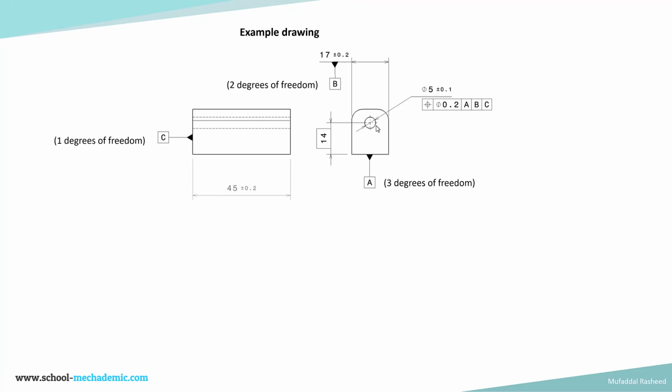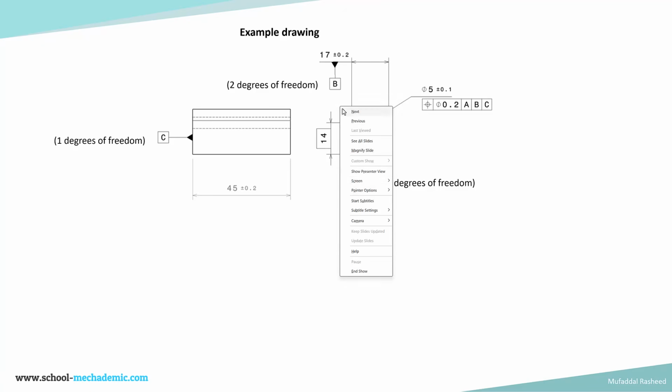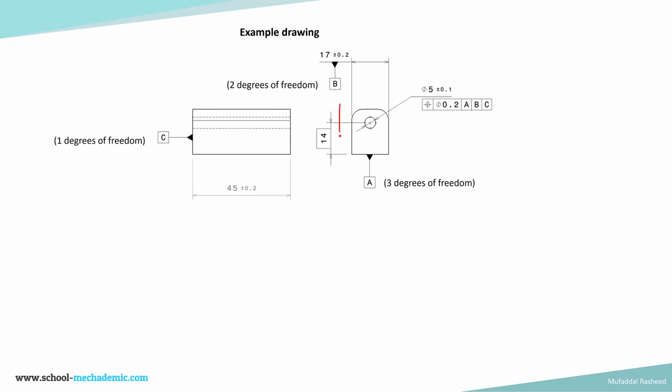So again, this block is constrained in 3 steps with respect to its 6 degrees of freedom. First, it's brought into contact with the bottom surface, that is datum feature A, that constrains 3 degrees of freedom. Then it is brought into contact with this width, that is, we have a corresponding width which constrains it over here, something like this. So basically it will have something like this.